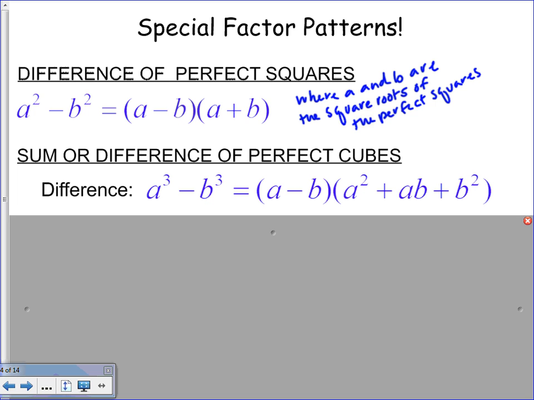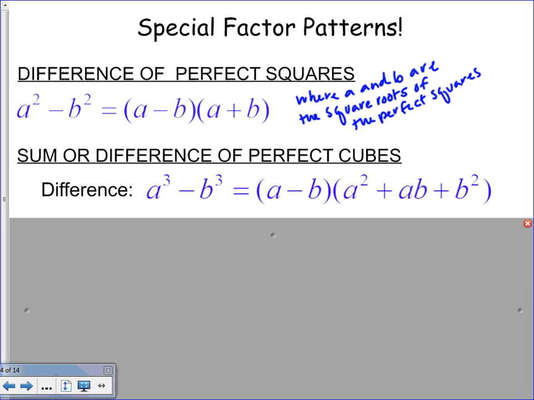They're the same rules that we uncovered in small groups by expanding. If you expand a minus b times the quantity a squared plus ab plus b squared, the only terms that will remain will be the perfect cubes, a cubed minus b cubed. All the other terms in your expansion will cancel out.